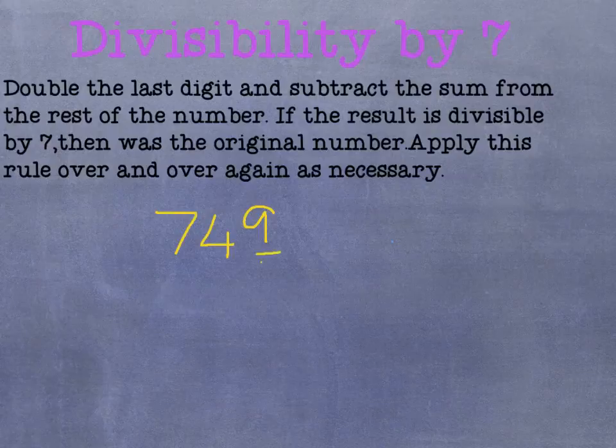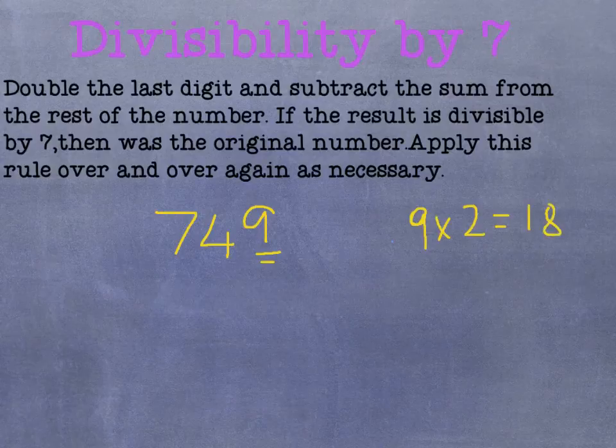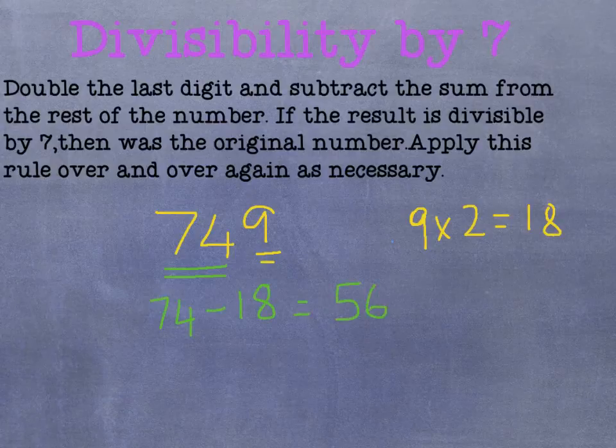Now in this case the last digit is 9. What is double of 9? That would be 9 times 2, which is 18. Now the remaining number is 74. So 74 minus 18 gives us 56. Now we know that 56 is a multiple of 7. 7 times 8 equal to 56.